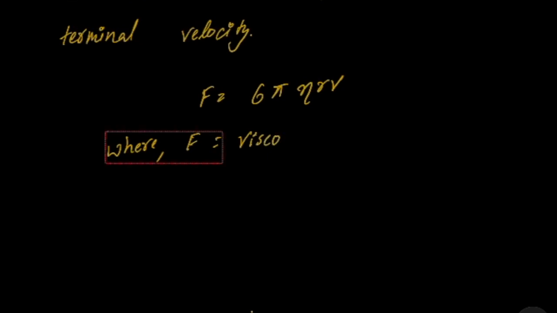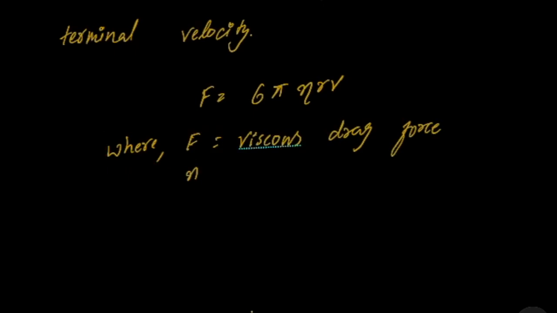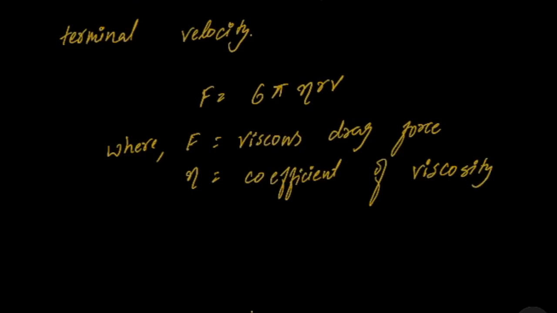So the formula is F is equal to 6 pi eta R V, where F is the viscous drag force, eta is the coefficient of viscosity and R is the radius of the sphere.